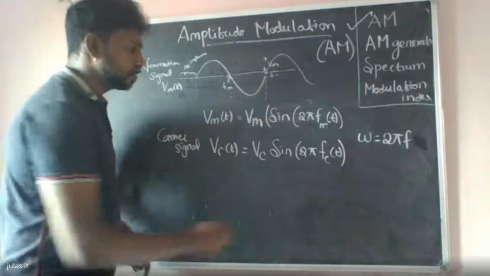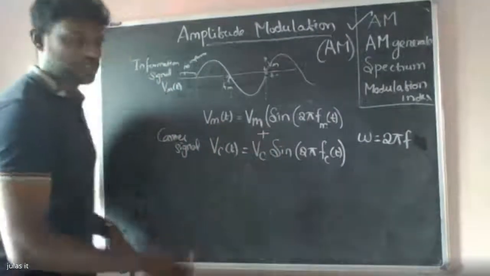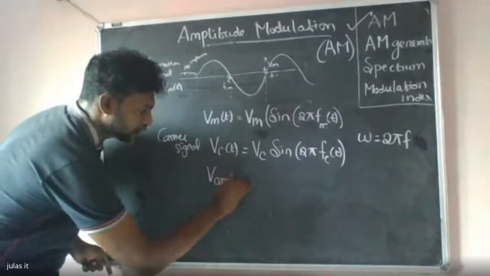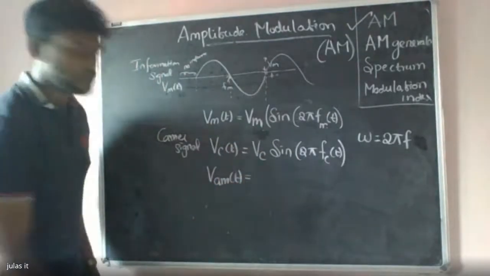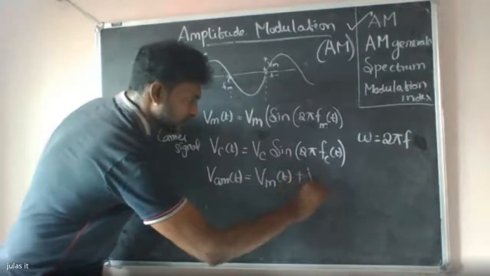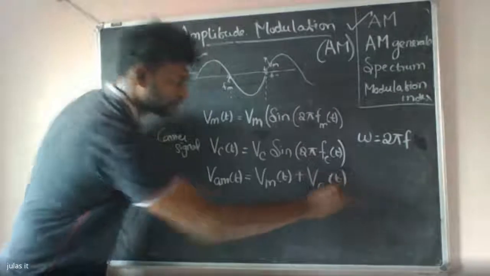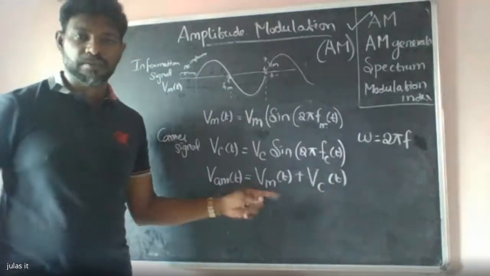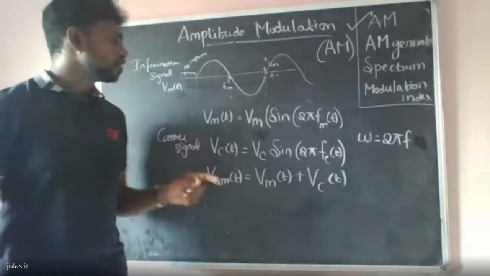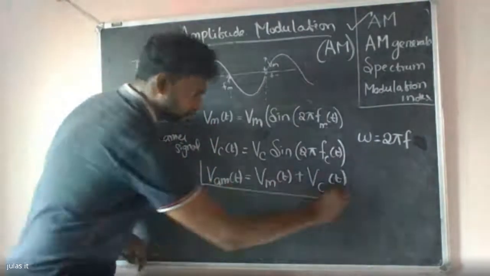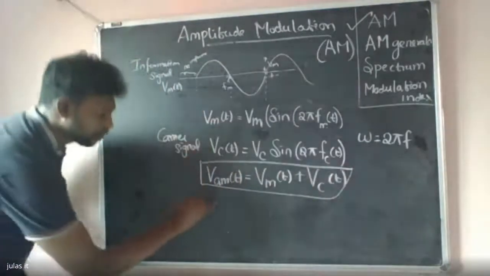Now adding both these equations, Vam of t is equal to Vm of t plus Vc of t. So this is the equation for amplitude modulation.